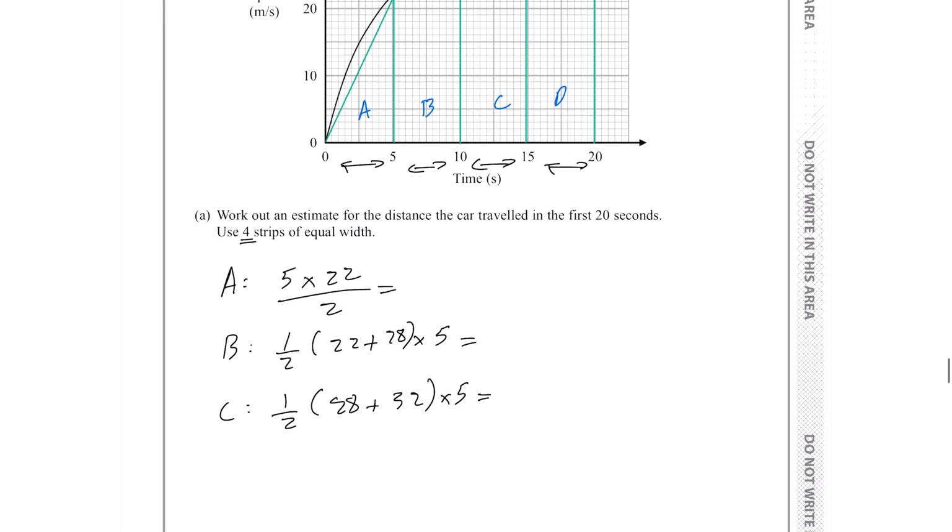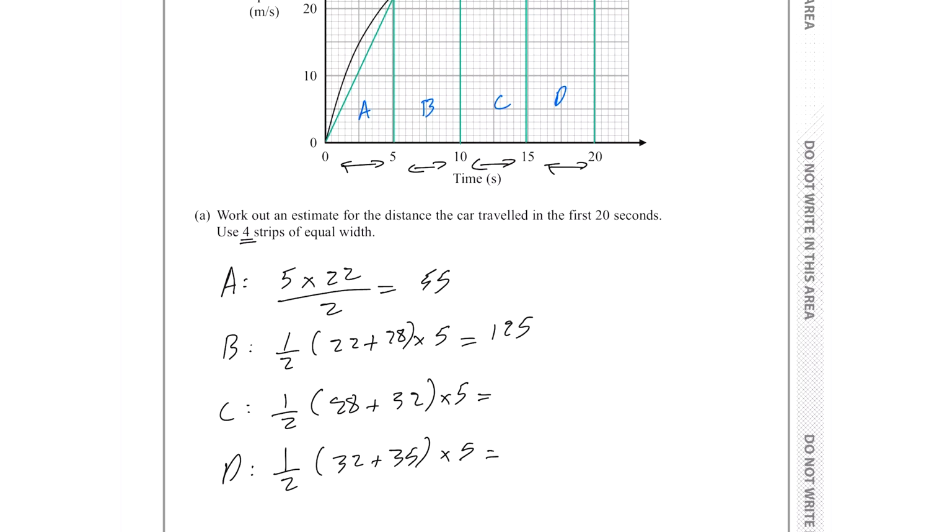Again, the width at the bottom is the same, and finally for D we have a half, so that's going to be 32 plus 35 times 5. So type all these into your calculator. I'm just going to do that now. 5 times 22 divided by 2 gives me 55 for that one. The next one is a half, 22 plus 28, times that by 5. That's 125.